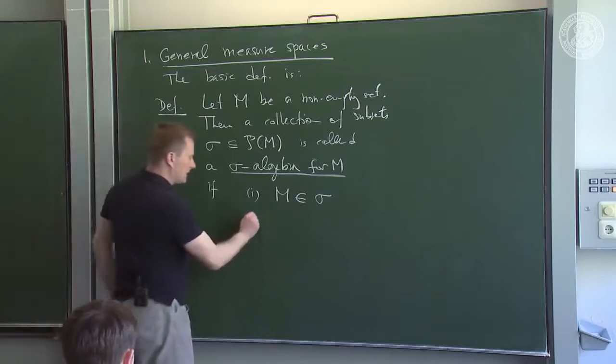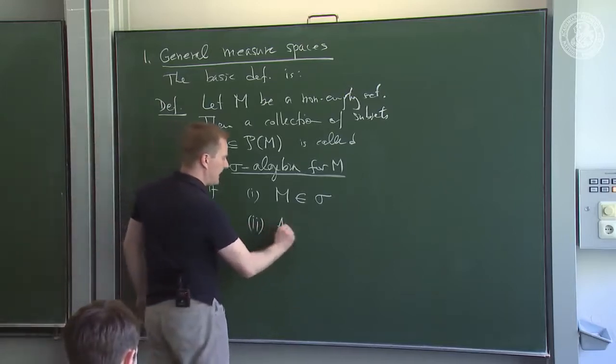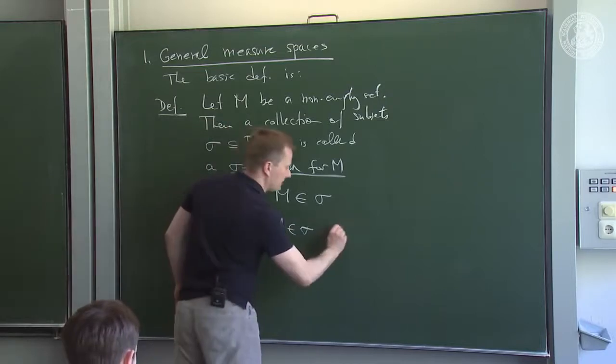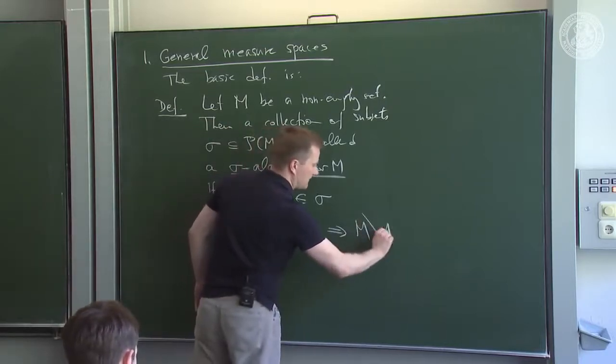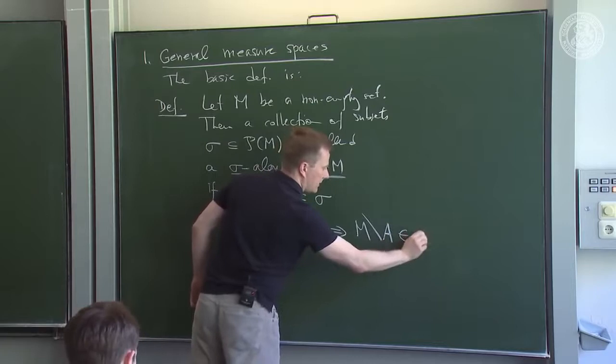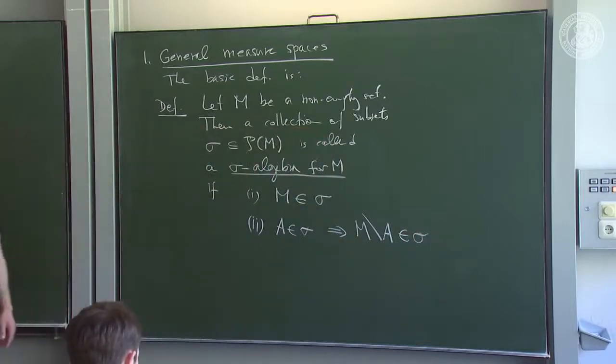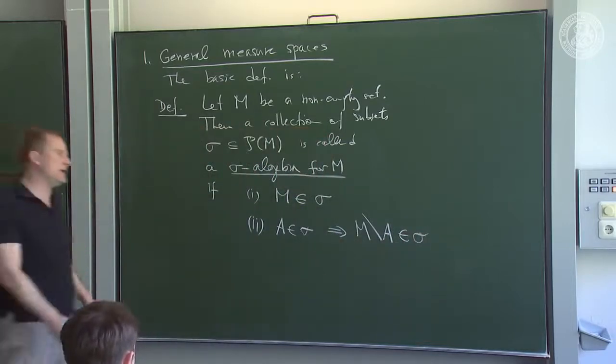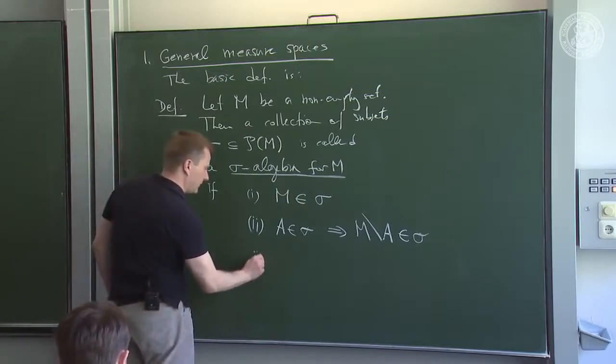The second requirement is that if a set A is part of this collection, then its complement with respect to the set M is also part of the collection. So if a set is contained, its complement is contained, very simple.